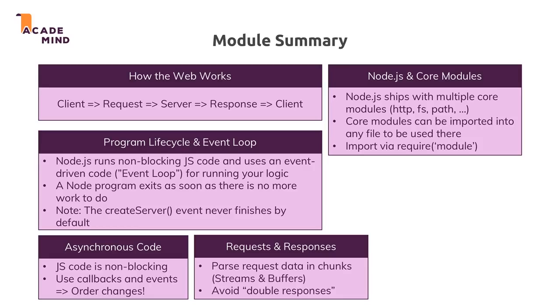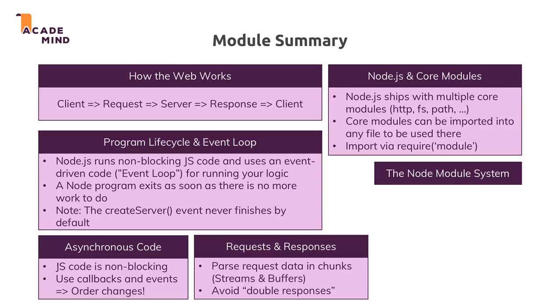And these core modules give us a couple of different functionalities that allow us to basically do whatever we ever could want to do on a server, like create a new server with the help of the HTTP module. They're imported via the require syntax, and we can only use them in the file into which we import them. And if we want to use them in two different files, we have to import them in both files separately.